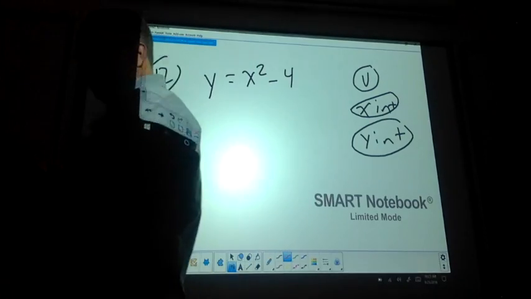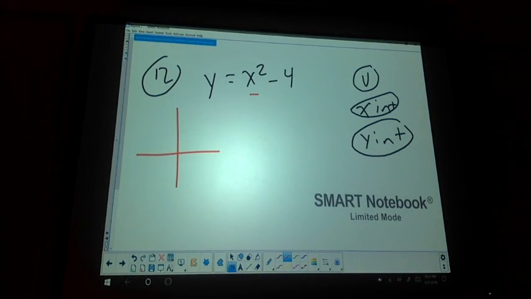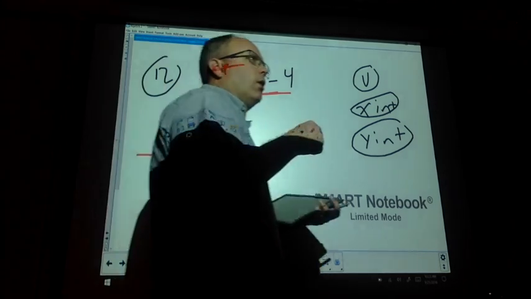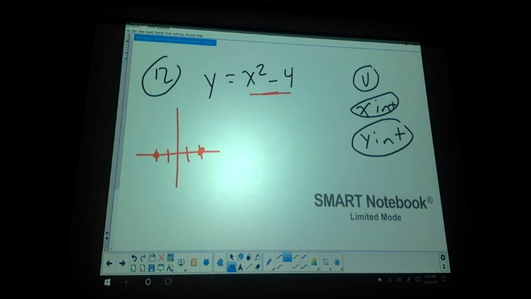Well, the nice thing is when I graph this, I already solved it a board ago. These are the two places where it will cross the x-axis. So what do you think has to happen halfway in between those 2 points in the x direction? If it crosses the x-axis in 2 spots, what do you definitely know it's going to do with the vertex? Does the vertex happen on the left side of one of them and the right side of the other?